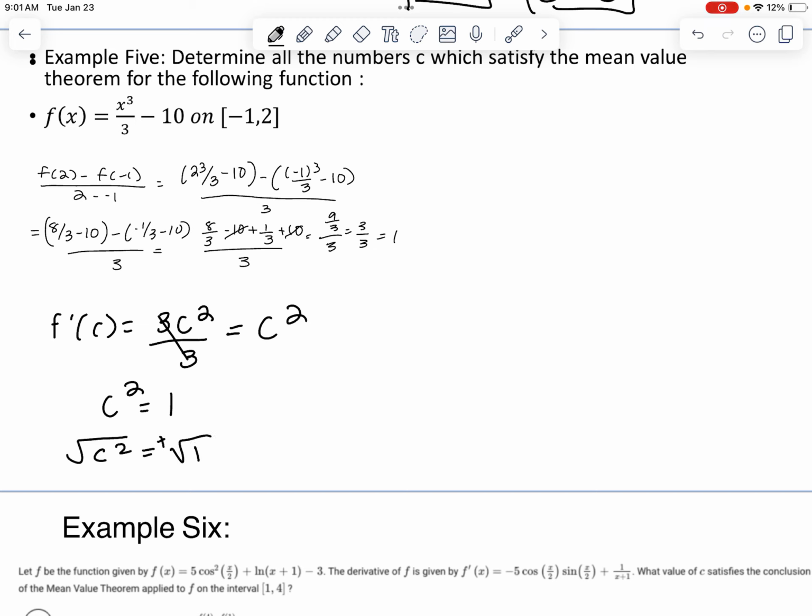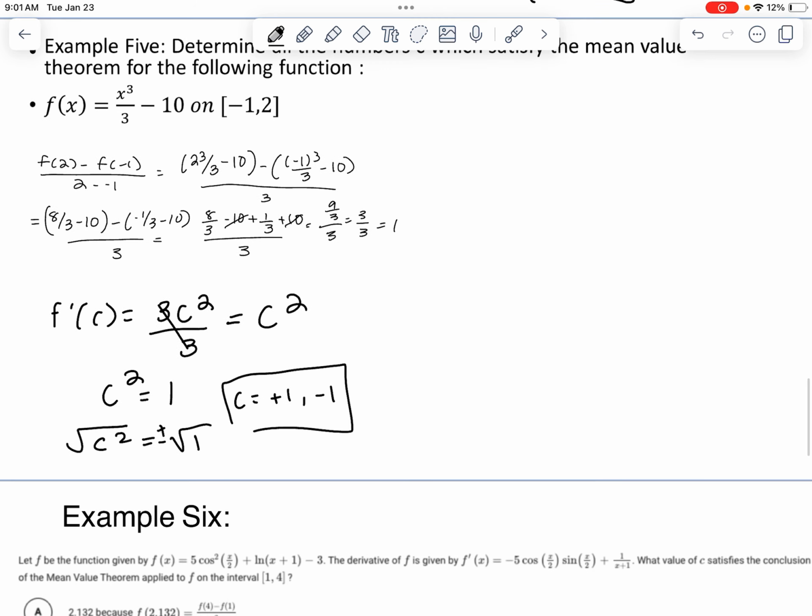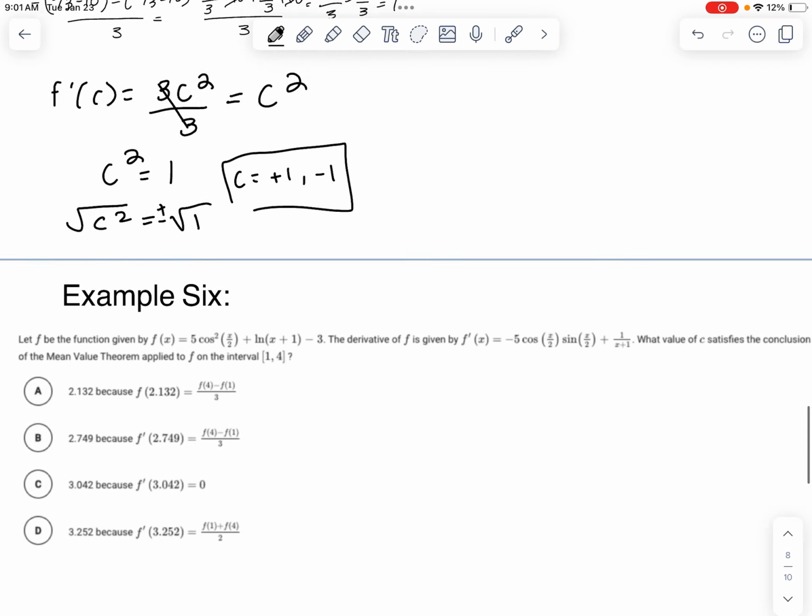When you take the square root of a number, you're supposed to do plus or minus, because there are two things that satisfy c squared, and that would be c equals positive 1 and also c equals negative 1, because negative 1 squared is 1 and positive 1 squared is 1. And both of those are in the interval, and so those are our two answers. So c satisfies the mean value theorem at 1 and negative 1.